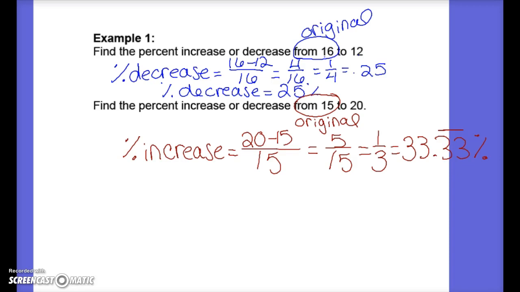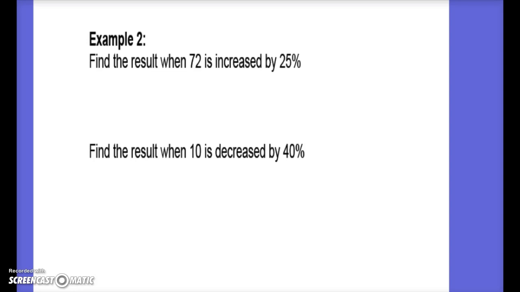Now let's take a look, and this time it says find the result when 72 is increased by 25%. Well, what's it saying? It's meaning 25% of 72. We got that from here. Increase by means plus. So it's saying what is 72 plus 25% of, which means times, 72.